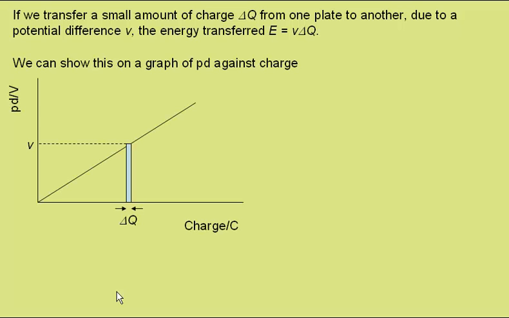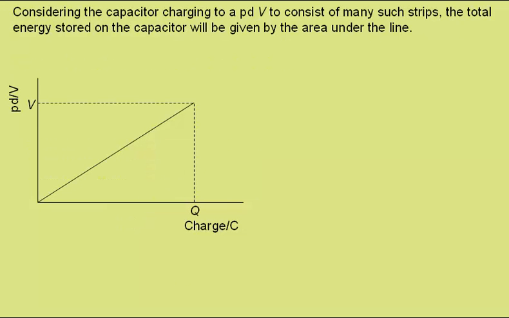So the small amount of charge here, delta Q, makes negligible change to the potential difference V, and the energy transferred by this transfer of charge is given by the potential difference V times the charge transferred, delta Q. Considering the capacitor charging to a potential difference V consisting of many such narrow strips, the total energy stored on the capacitor will be given by the area under the line here.